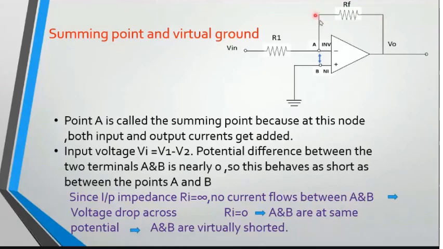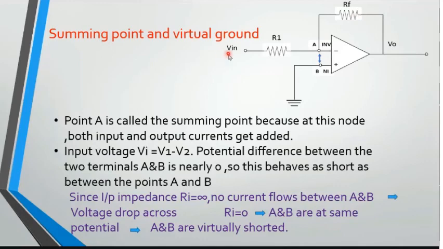This is called the feedback resistance. I think you studied feedback last time, where you take a part of the output signal and connect it to the input through a resistor. Then you say you are giving a feedback. So here you are giving the feedback through the resistance RF.